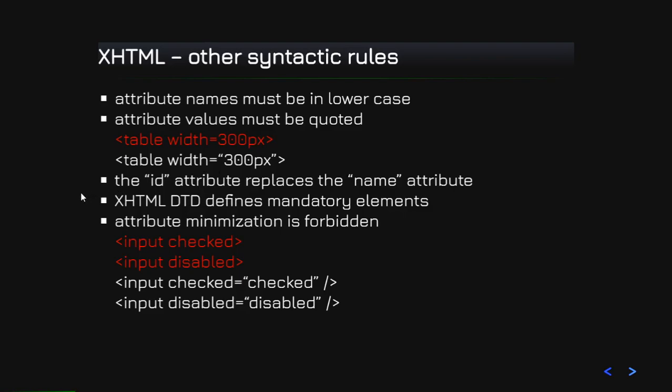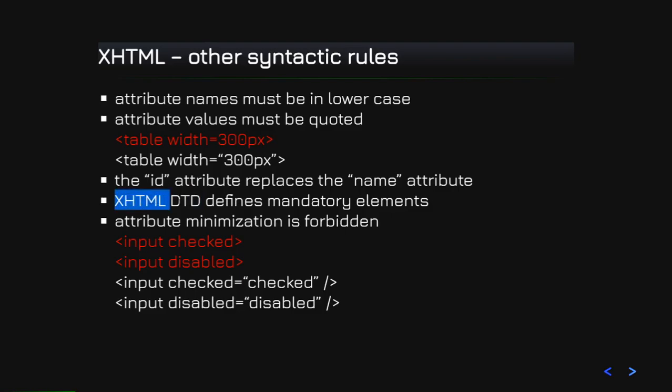Then there is a document type definition, which is another document that defines the mandatory elements. We will talk more about DTDs and XML schemas later on today, but basically an XHTML DTD is just a document that defines the order and the number of the tags in any XHTML document.